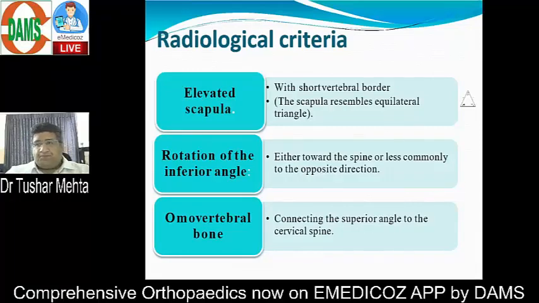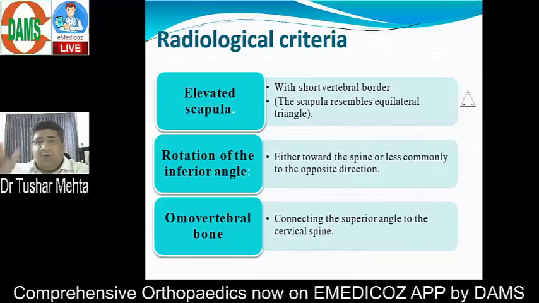So, the elevated scapula, I'm repeating the points as I've said earlier: the scapula will not only be elevated, it will be dysplastic. Not only dysplastic, it will be expanded more horizontally rather than vertically, to an extent that it will resemble an equilateral triangle. You will remember we had talked about this. Then rotation of the inferior angle.